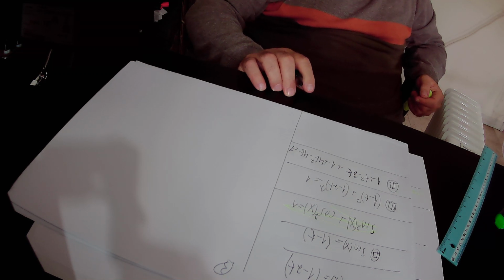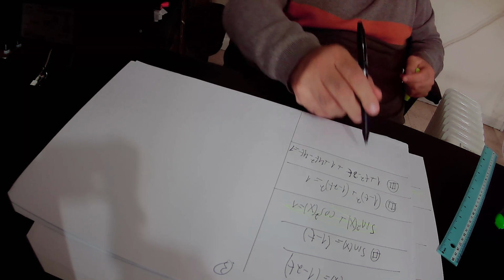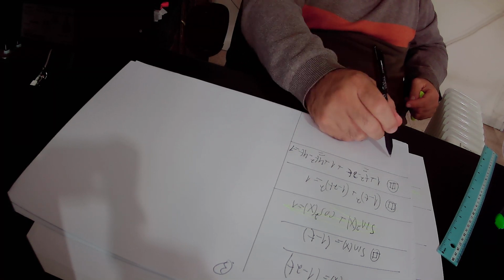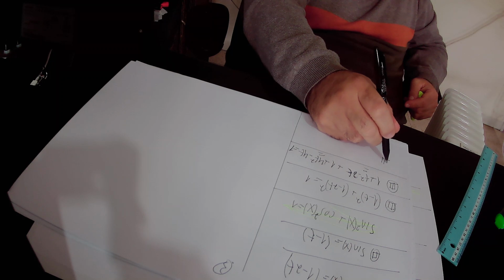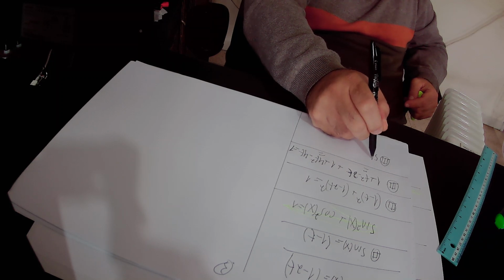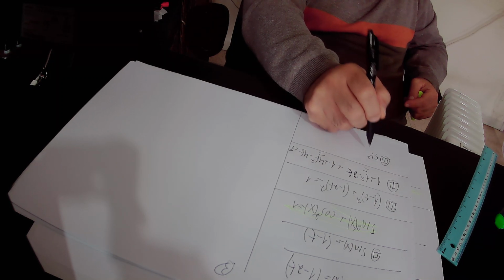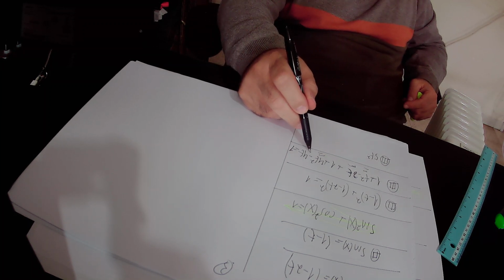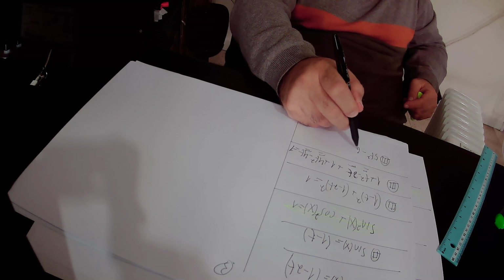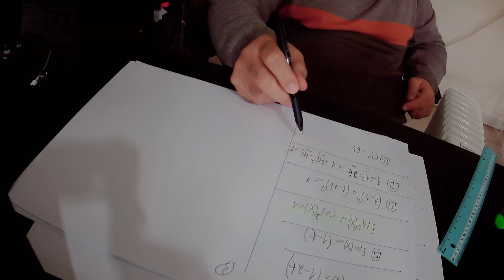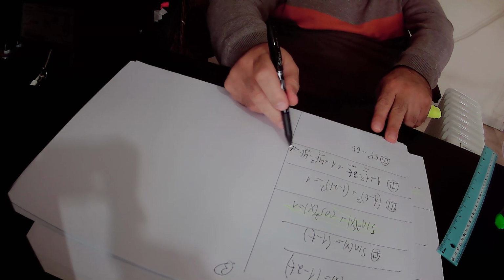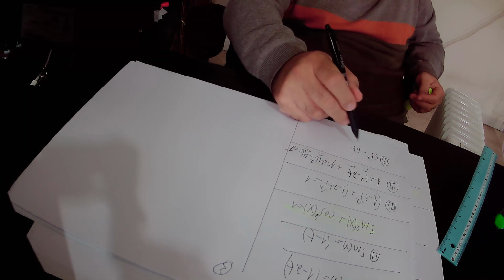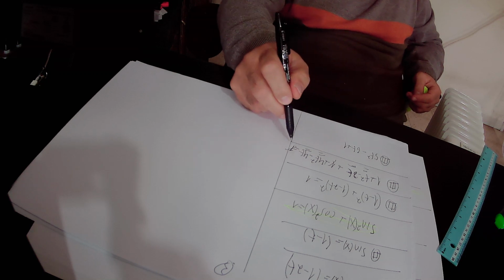So here we have t squared plus 4t squared is 5t squared, and we have minus 2t minus 4t is minus 6t, and we have 1 on both sides of the equation, so 1 will get cancelled, and we are left only with this one, so it is plus 1, that is equal to 0.